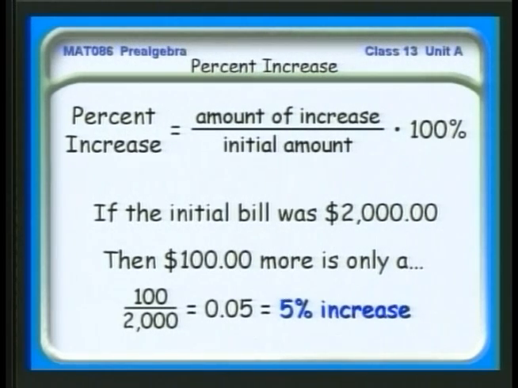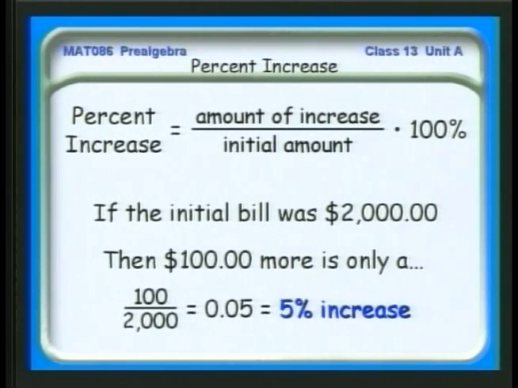So you see, the percent of increase depends very strongly on the initial amount. Suppose I paid $2,000 for, say, a new couch, and all of a sudden I find out it costs me $100 more. Well, that's okay. It's not as bad as 50%.